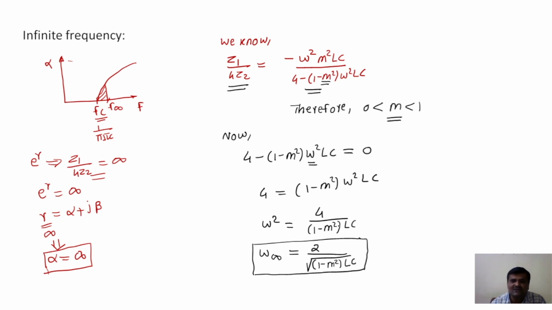See here we have got two frequencies. One is the cutoff frequency, 1 upon pi root LC, and the second is omega infinity. I can also write it in terms of f infinity. F infinity equals 2 divided by 2 pi root 1 minus m square LC, so 1 divided by pi root 1 minus m square LC. This is the value of the infinite frequency at which attenuation becomes infinite.